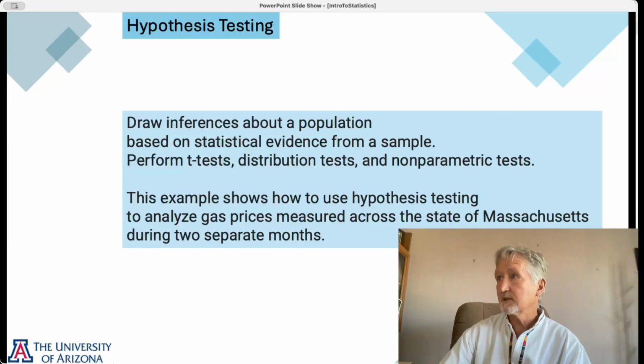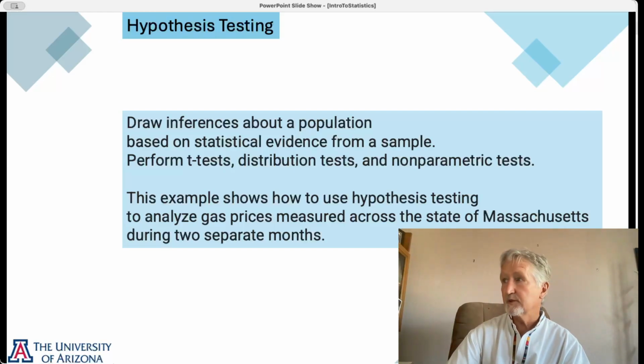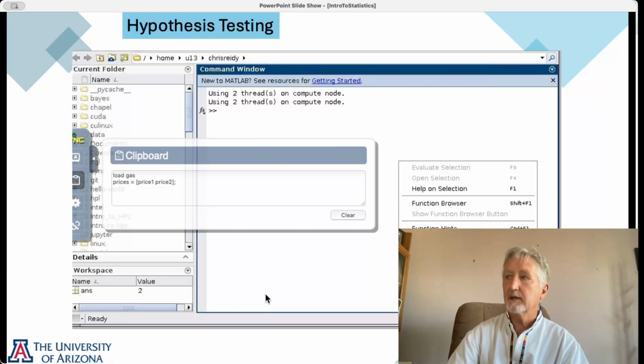Okay, hypothesis testing. So we're drawing inferences about a population based on statistical evidence from a sample. We perform t-tests, distribution tests, and non-parametric testing. In this case, we're looking at gas prices measured across the state of Massachusetts over 2 separate months. Again, I just showed the example of cutting and pasting from an external source onto MATLAB on HPC.